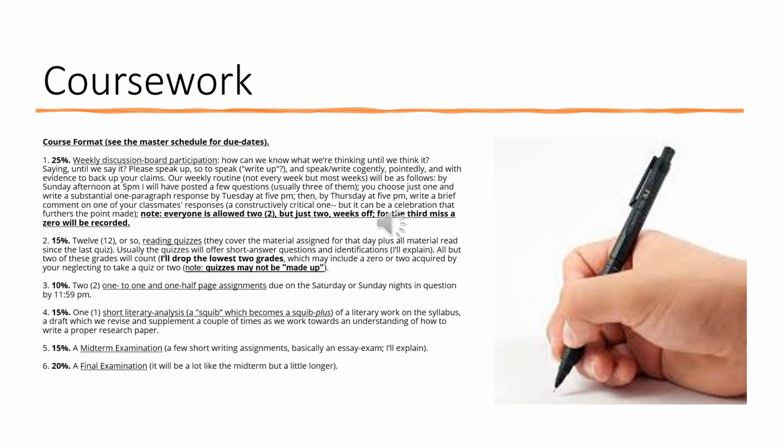And then 2 one to 1.5-page assignments which will be due on various Saturdays and Sundays, 2 Saturdays, 2 Sundays. And then a short literary analysis, a squib, which becomes a squib plus eventually. So that's really 2 papers for that final 15%, which are developed from the 1 and 1/2-page assignments. I'll get back to this in a moment. And then a couple of exams, a midterm exam and a final examination.